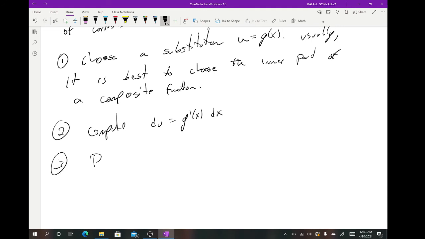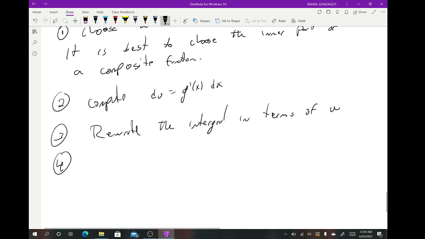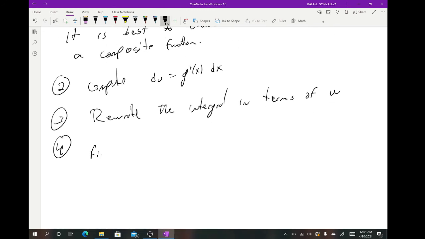Third thing is to rewrite the integral in terms of u. And fourth is to find the integral in terms of u.